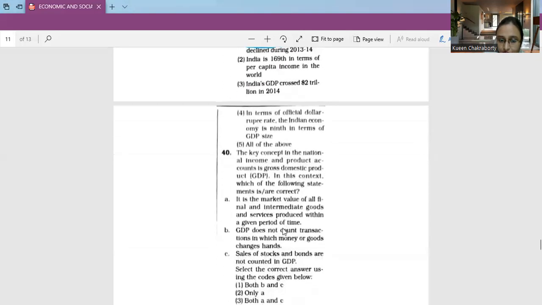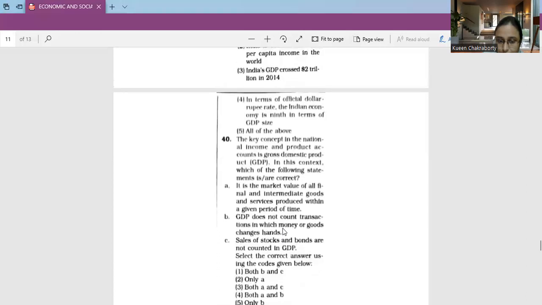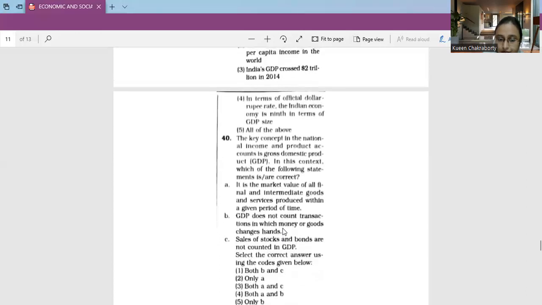Coming to question number 40. The key concept in the national income and product accounts is gross domestic product, which is the GDP. In this context, which of the following statements is or are correct? A, it is the market value of all final and intermediate goods and services produced within a given period of time.